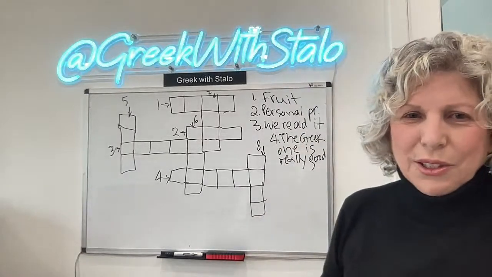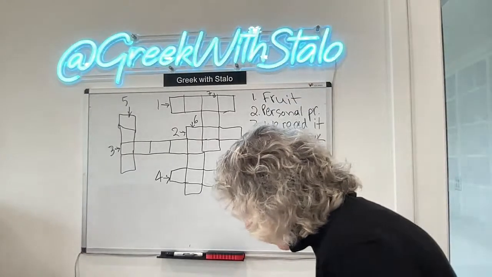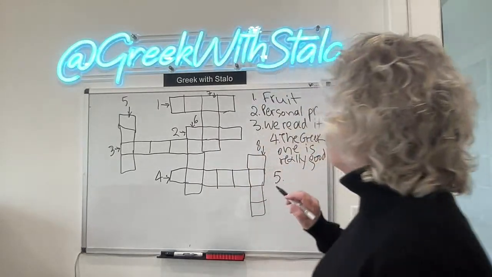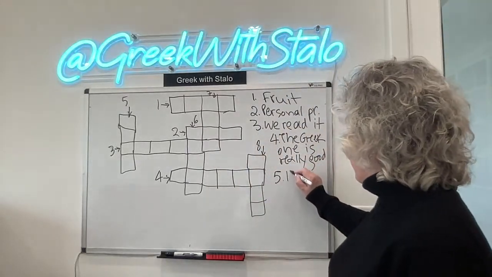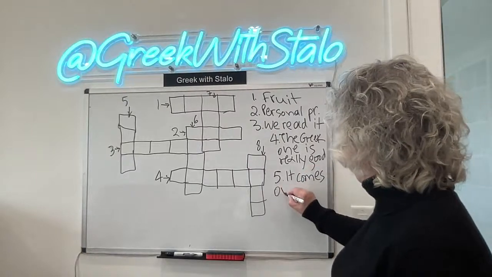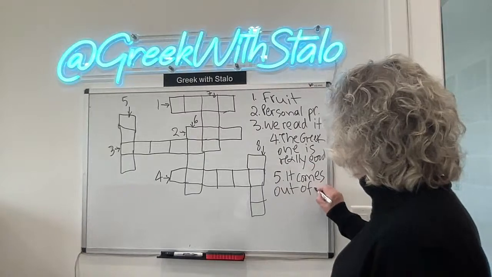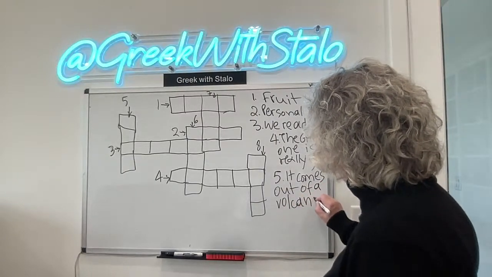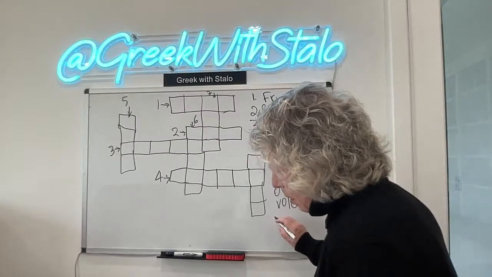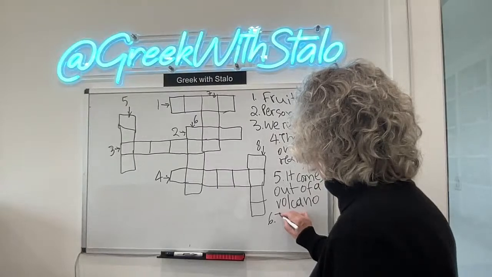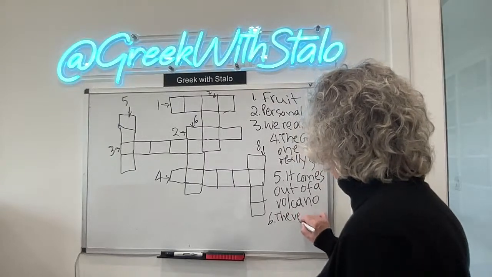the Greek one is really good. Number 5, it comes out of a volcano. Number 6, the verb to be.